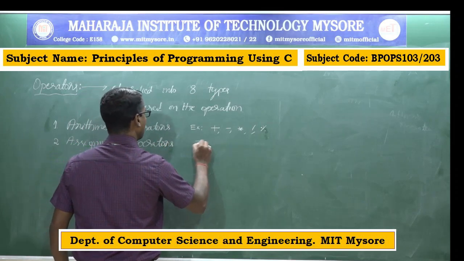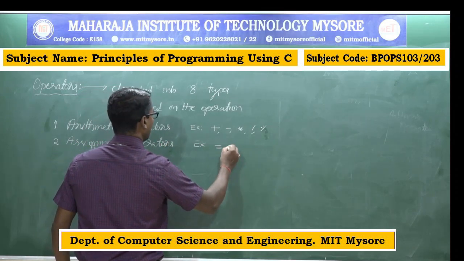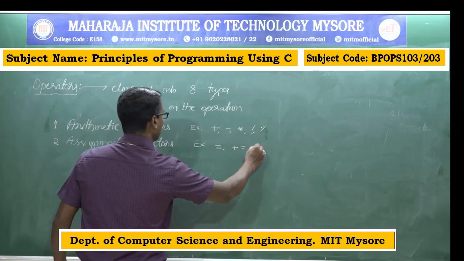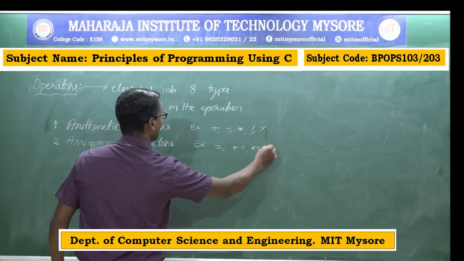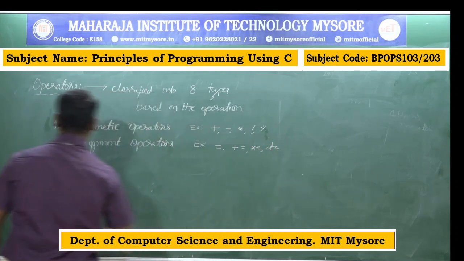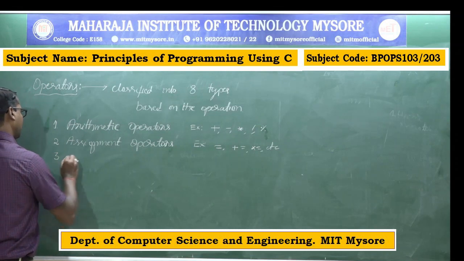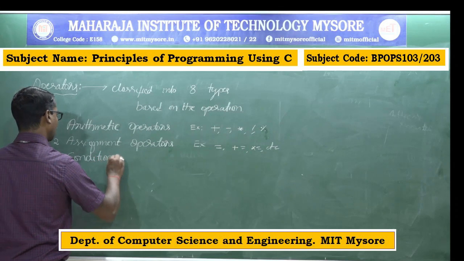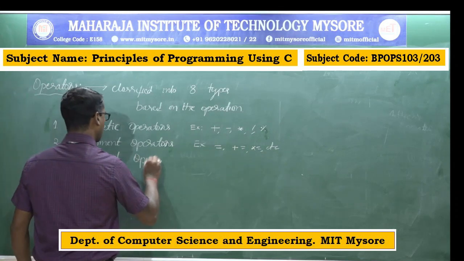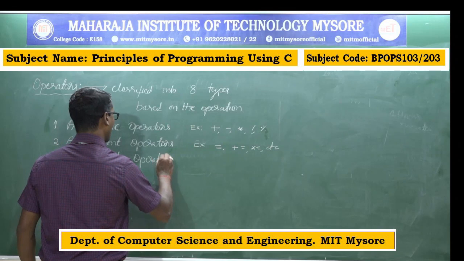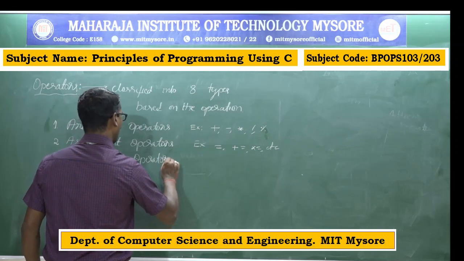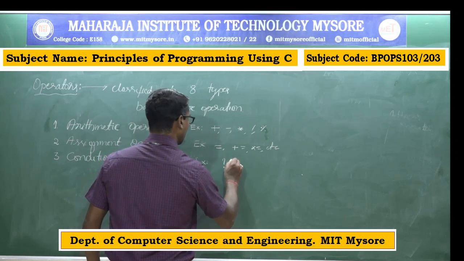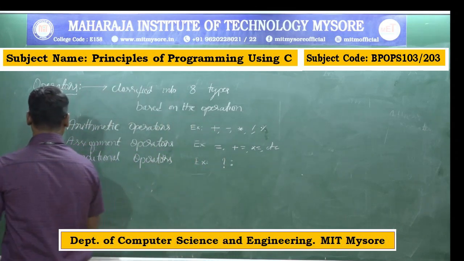Assignment operators, example: equal, plus equal, star equal, etc. Condition operator, example: question mark and colon.